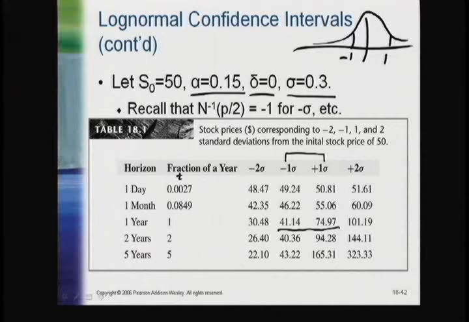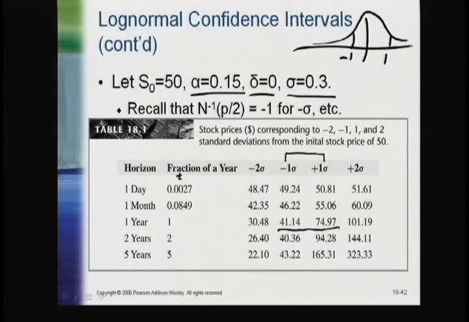Well, that's a confidence interval in stock prices at time 1 year corresponding to the normal confidence interval from minus to plus 1 standard deviation. And that's a confidence interval that has probability of about 65%. I'm forgetting now exactly what that value is. But you see that you can work either way.